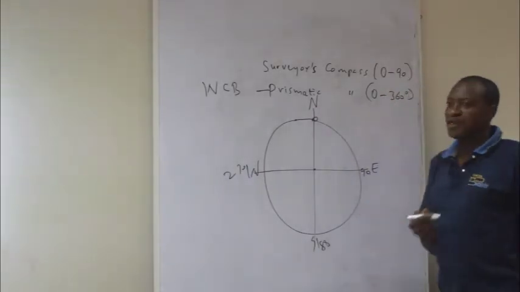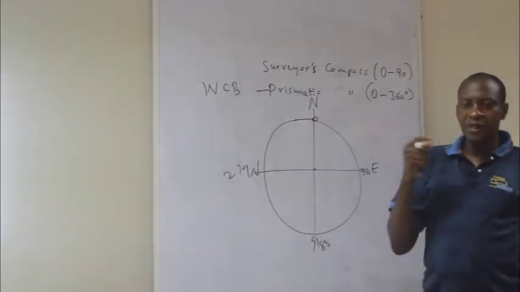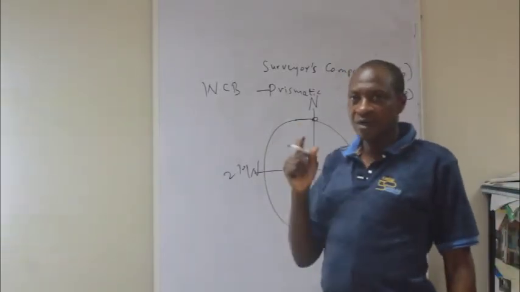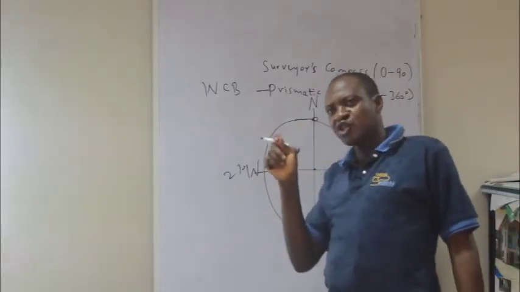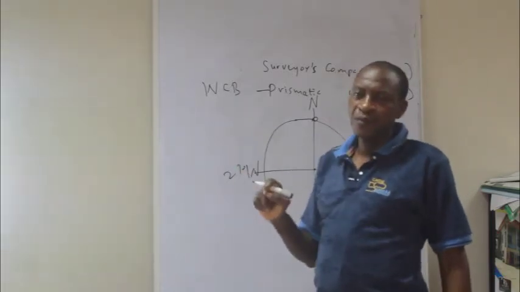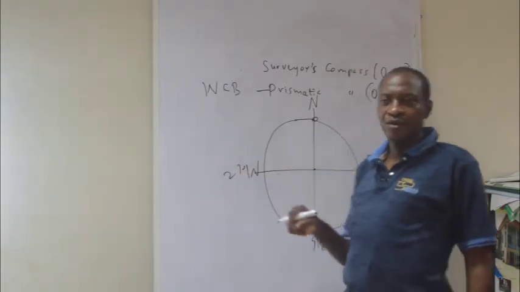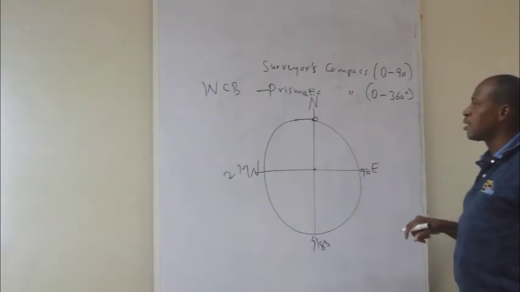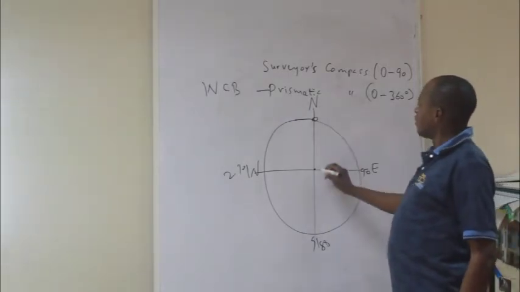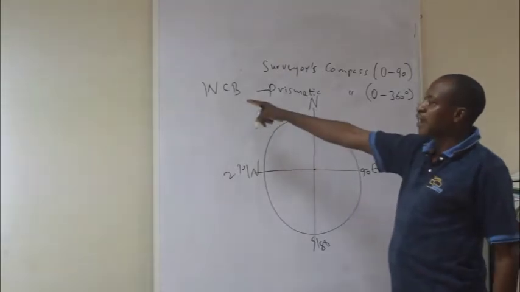As it turns, it is progressive. The compass measures up to 359, and the next one, instead of writing 360, you write 0. So 360 is the same thing as 0 for the magnetic compass. In that case, the prismatic compass uses whole circle bearing.